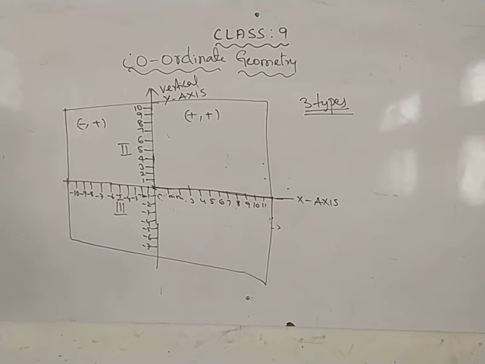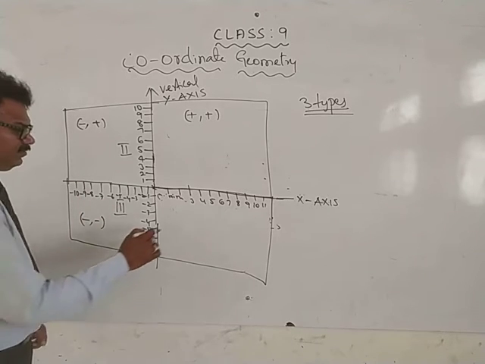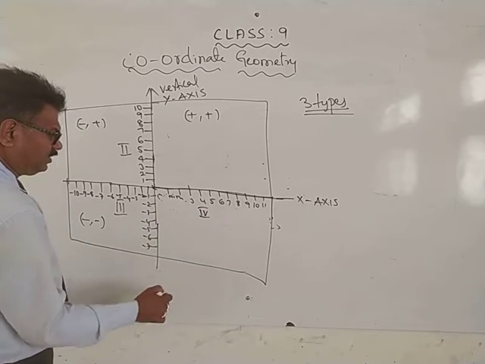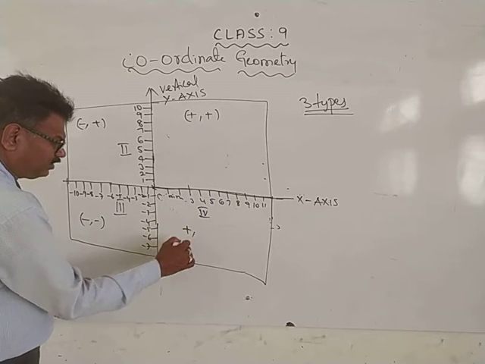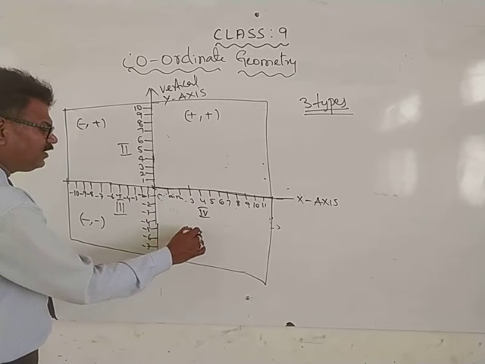Third quadrant: x values are minus, y values are also minus. Therefore, in the third quadrant, both x and y are negative. Fourth quadrant: x values are positive and y values are negative.